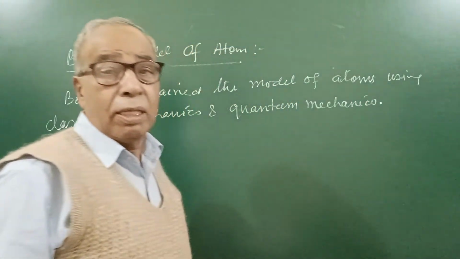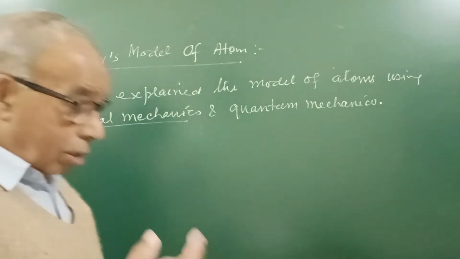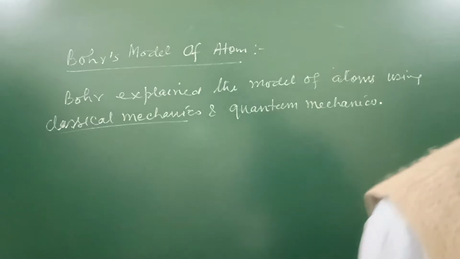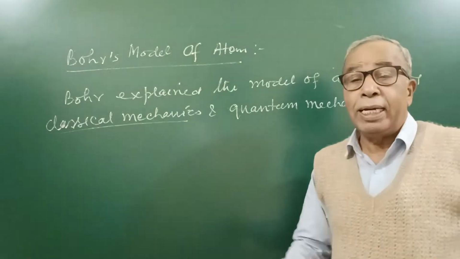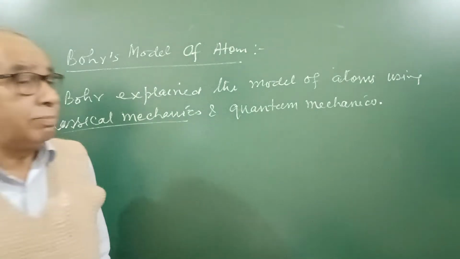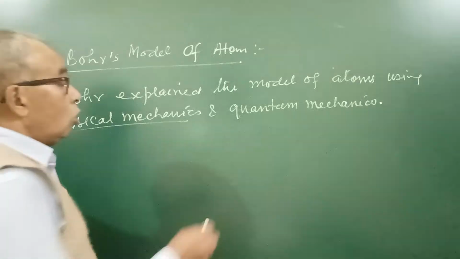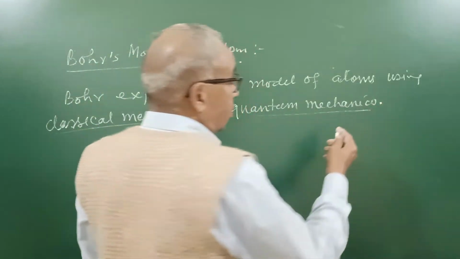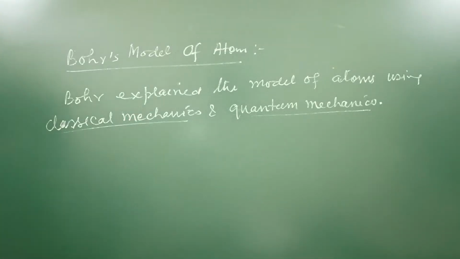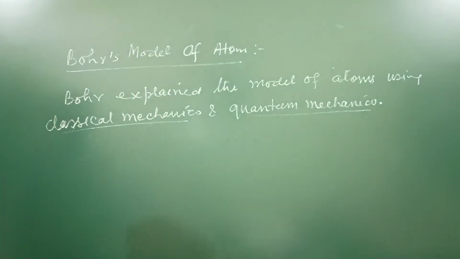You may think that what is classical mechanics? I told you mechanics is the branch of science in which we study objects that are in motion. Classical mechanics means that physics in which Newton's law of motion hold true. Quantum mechanics is that in which Planck's quantum theory is followed or hold good.